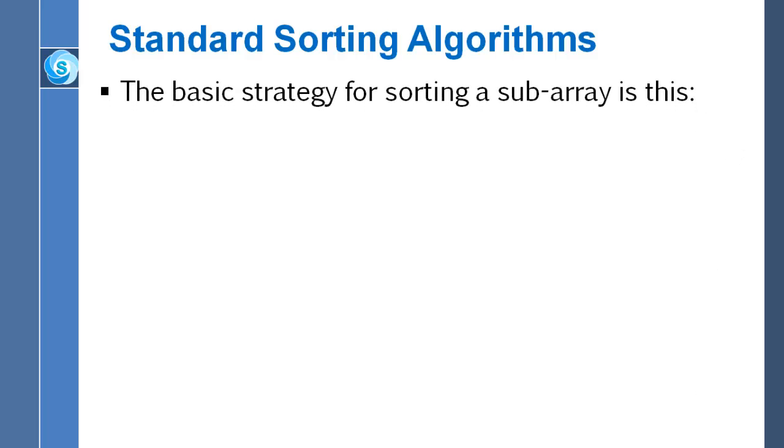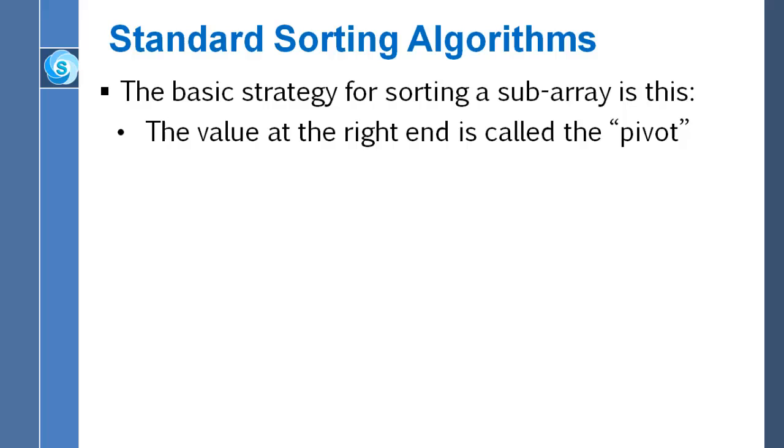All right, so here's the basic strategy for using Quicksort to sort a portion of an array. First, you have to select some entry in that subarray to play the role of a pivot. As I said, we're going to take the entry that's furthest to the right in the subarray and let that play the role of the pivot.